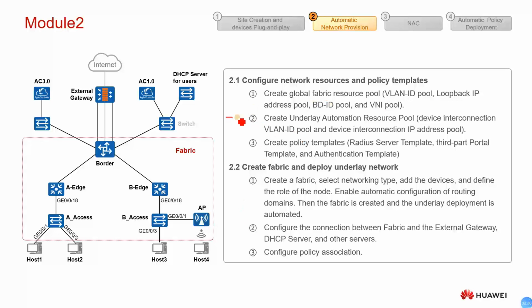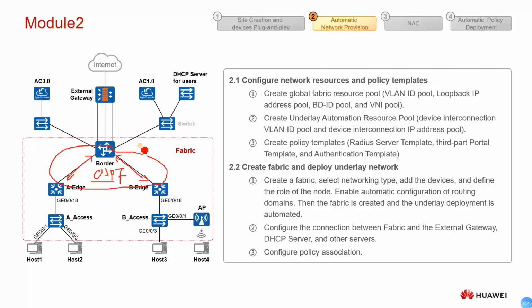And the second step, for this version of Cloud Campus, we are going to use a highlight feature, which is the underlay automation. Okay, underlay automation. That means the underlay configuration, for example, the interconnect VLAN, the interconnect IP address, and also OSPF, the routing protocol.